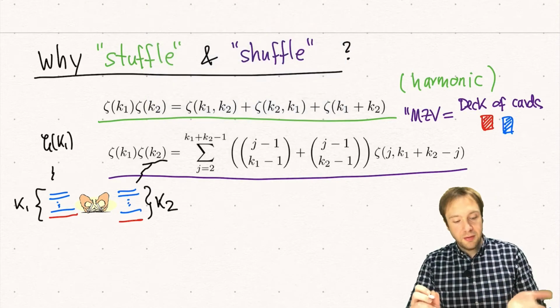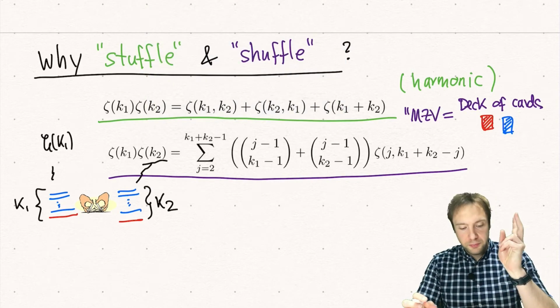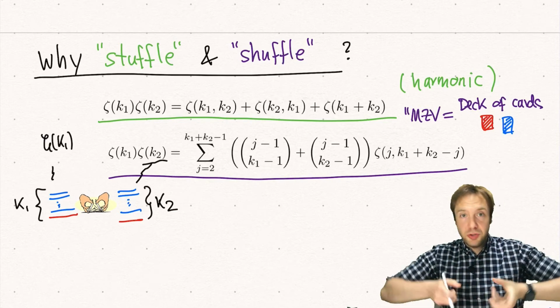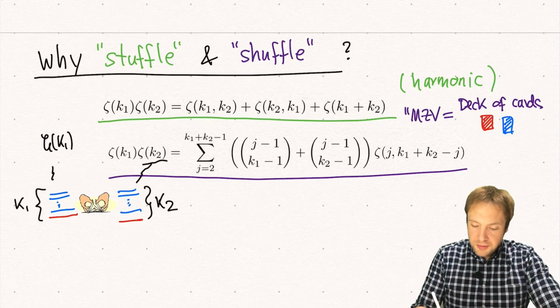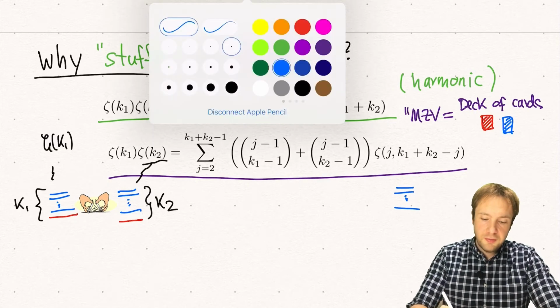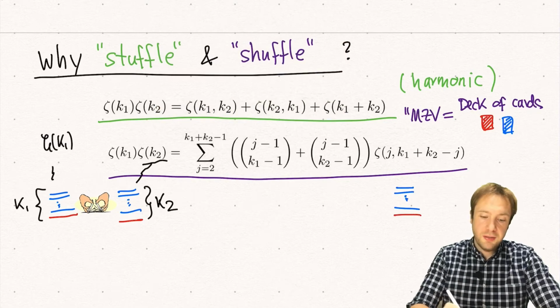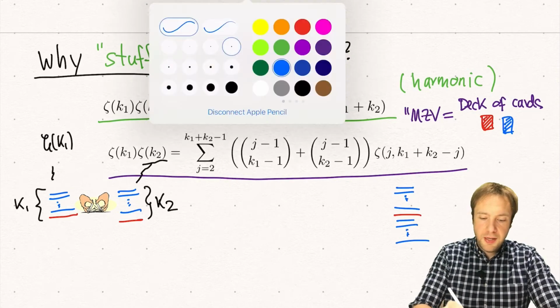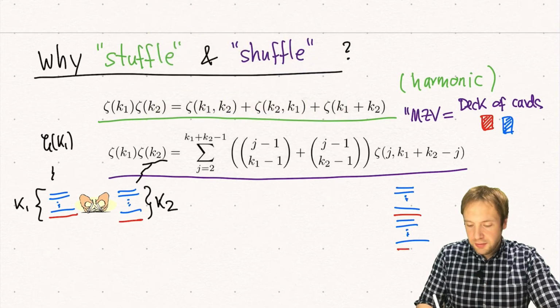So in this case I have two red cards and some blue cards. The possible outcome, if I do a shuffling like this, is that I will have a deck of cards with some blue cards on top. Then at some point I will have a red card. Then again some blue cards. And on the bottom will be a red card.